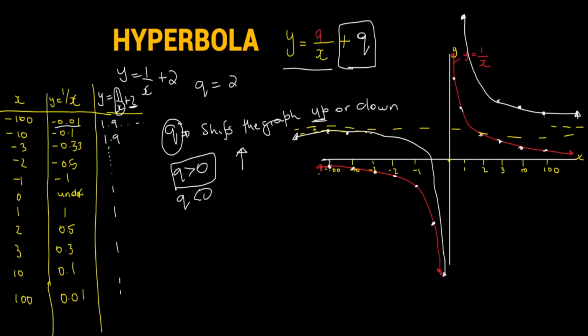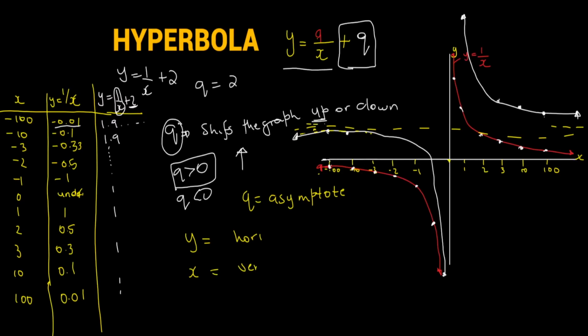Then that means the value of q is also telling us about the asymptote. But what asymptote is it telling us? Remember we had y and x asymptote, and we said the y is the horizontal because it cuts the y-axis. And then we said the x is the vertical asymptote. So what changed here?